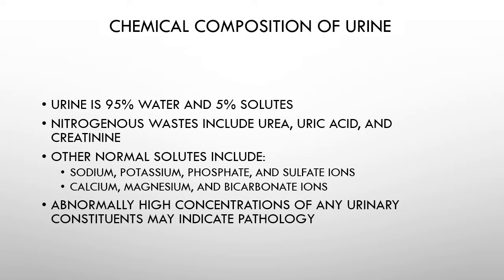Urine is going to be almost all water, with a little bit of solutes. When we look at the urine in terms of its contents, we have our nitrogenous wastes: the urea, the uric acid, and the creatinine. Those are the three that we have to get rid of. Those are our normal metabolic wastes. Other things we're going to see are water-soluble substances, so all of our ions, potentially water-soluble vitamins if we've had too much of one in a short period of time.